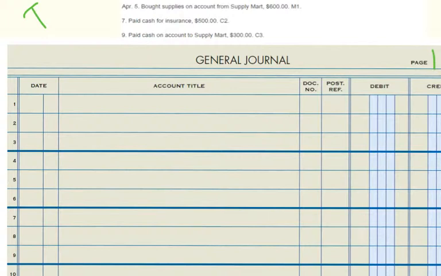What's the first step? You're right. You write the date. Then you analyze the transaction. What happened? You identify your accounts.